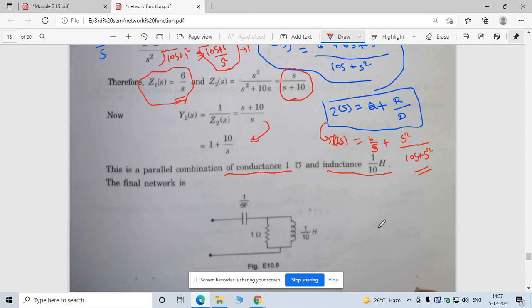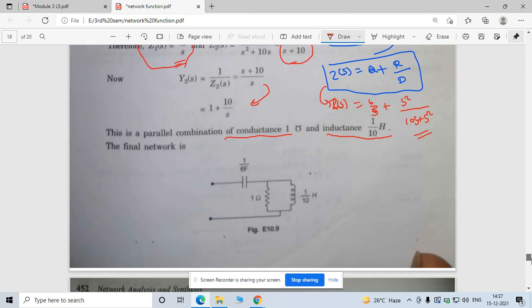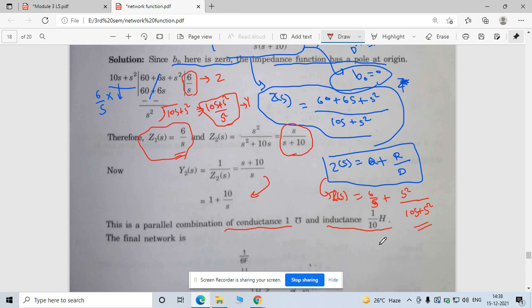Now, this is a series and this is a parallel combination for the second function, right? This is a parallel combination for the second function Y2 of s, and add up this, you will get this 6 by s, your Z1 of s.